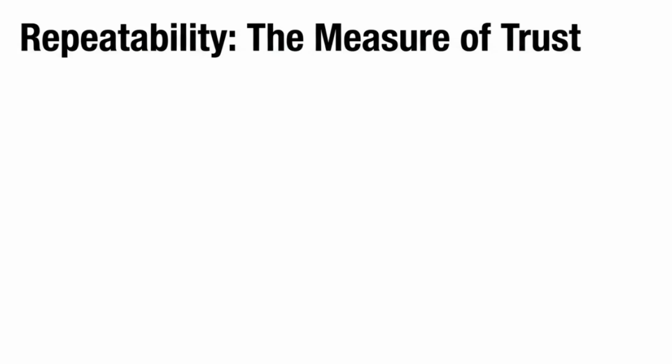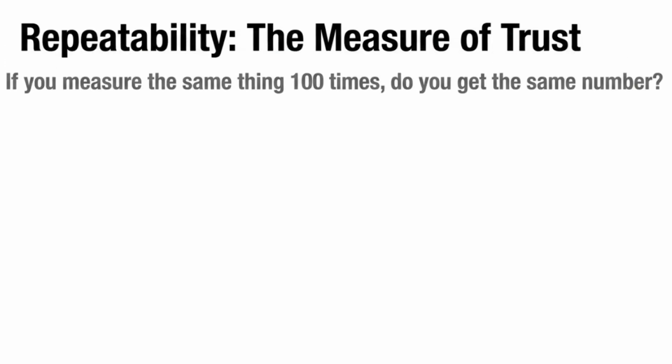Now, here is where it gets interesting. Let me ask you something. Imagine you measure the same process variable, say temperature, 100 times, under the exact same conditions. Do you get the same number every time? That's repeatability. And notice, I didn't say the correct number, just the same number.